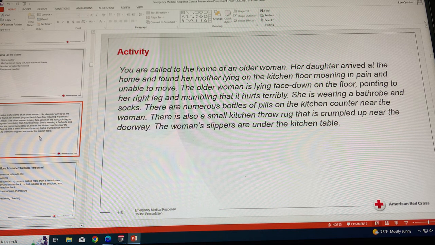There are numerous bottles of pills on the kitchen counter near the woman. There is also a small kitchen throw rug that is crumpled up near the doorway. The woman's slippers are under the kitchen table. So just think about this scenario and how you would handle this situation. This is a scenario that we will discuss in person.